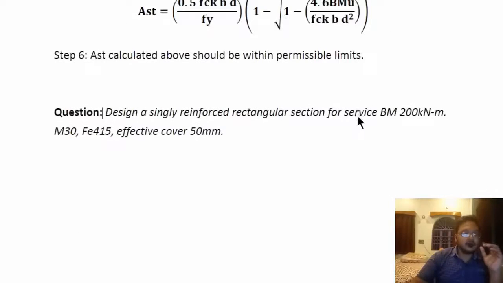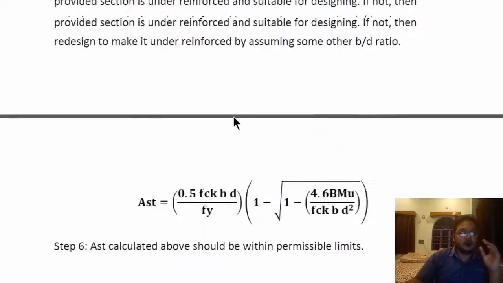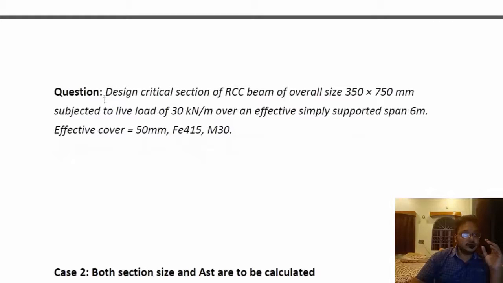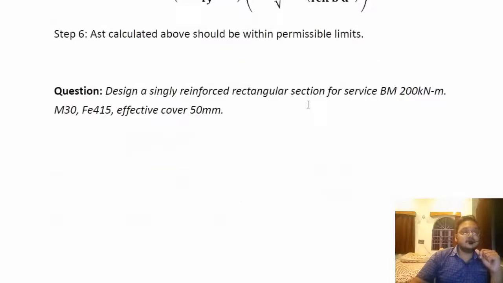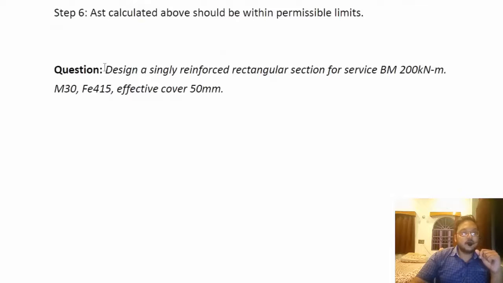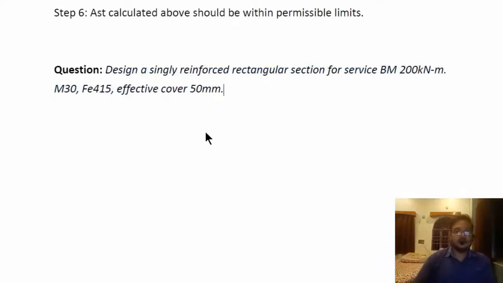So now we will design two particular beams. In the first question, our dimensions are given to us and we have to calculate the amount of steel, and in the second question we have to simply design a beam whose dimensions are not given to us.